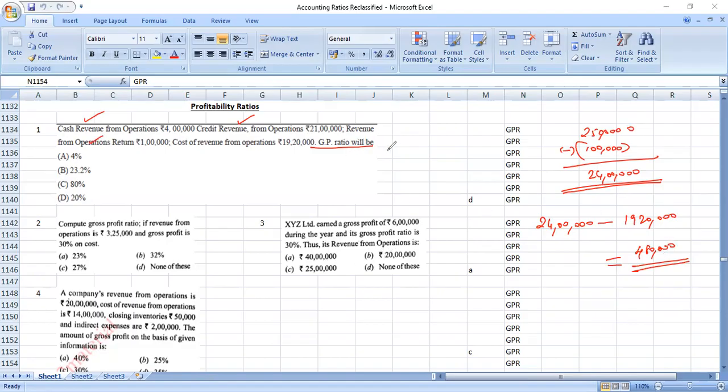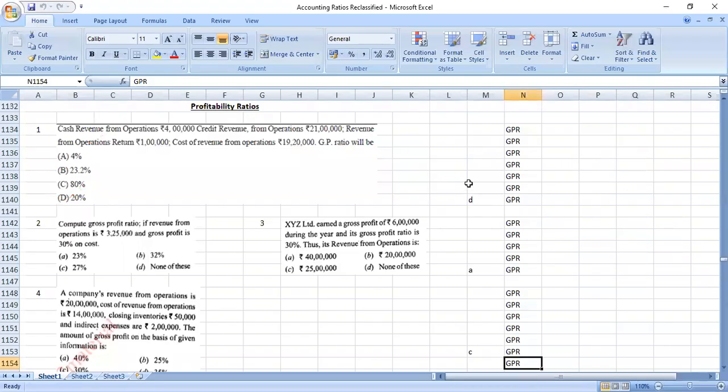So your gross profit ratio will be 4,80,000 divided by 24 lakhs. That is gross profit divided by sales, and that would be 1 by 5, 20%. All right.